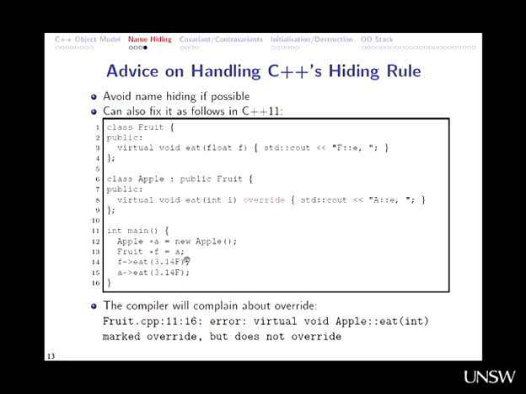So it comes in and says, this thing is marked as being an override, but doesn't override anything, and therefore it doesn't compile. So using the word override helps in the debugging of your code. So that's quite powerful.